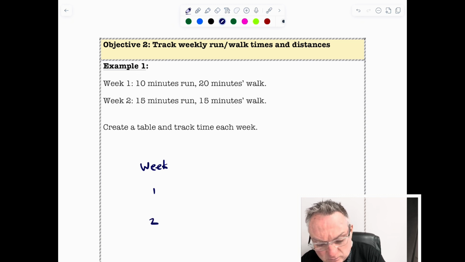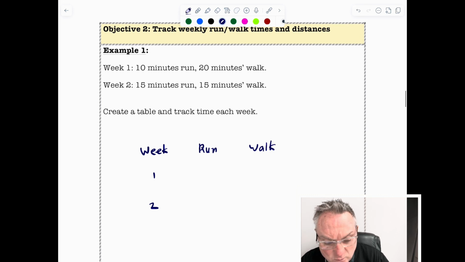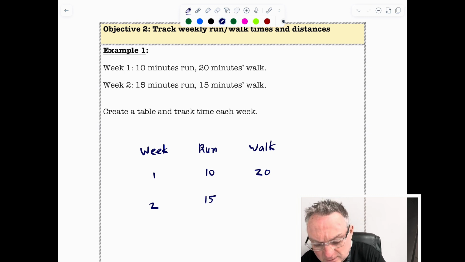And then I've got run and walk. And so week 1, he did 10 minutes run, 20 minutes walk. And week 2 did 15 minutes run, 15 minutes walk.